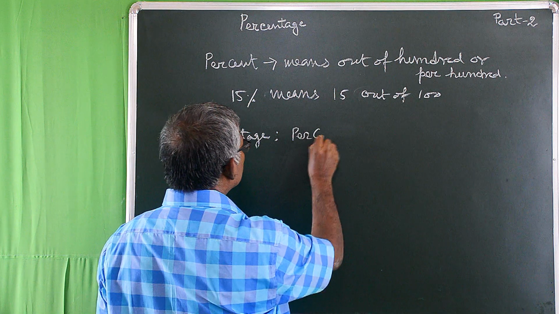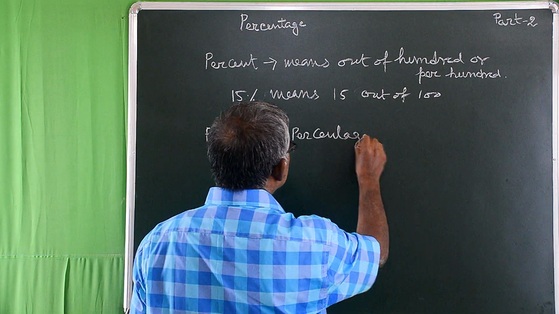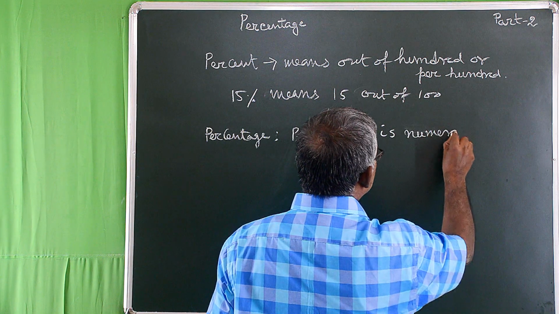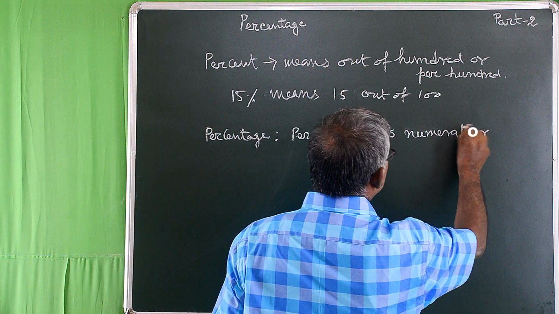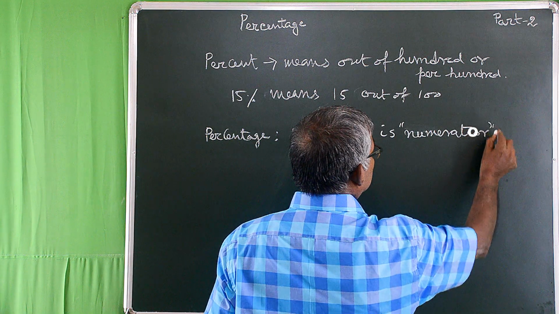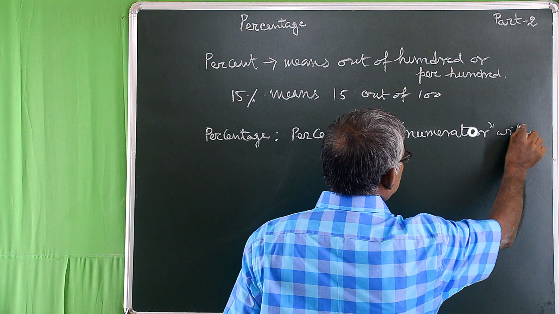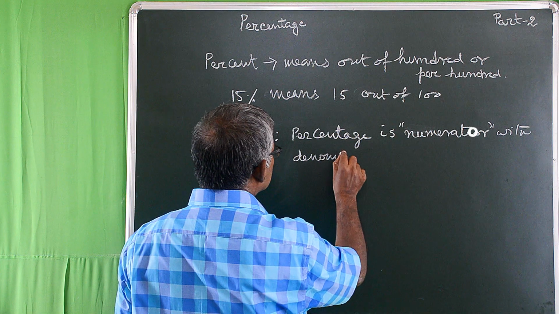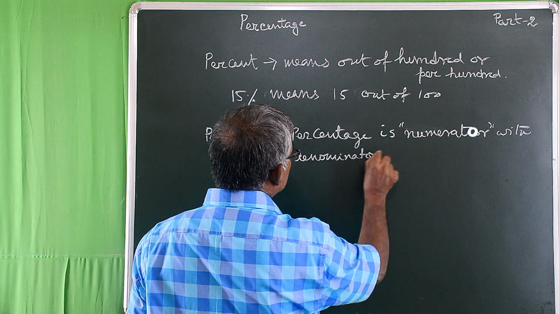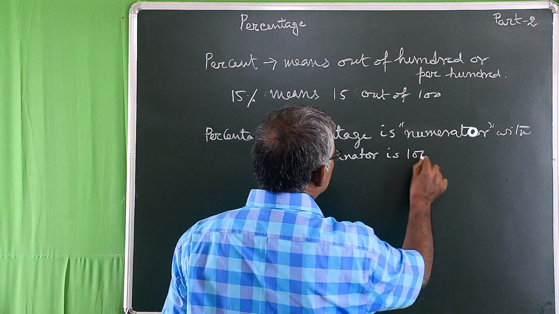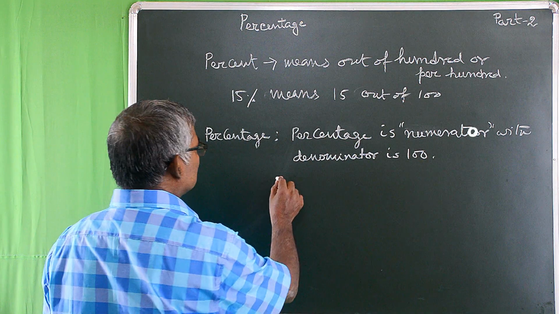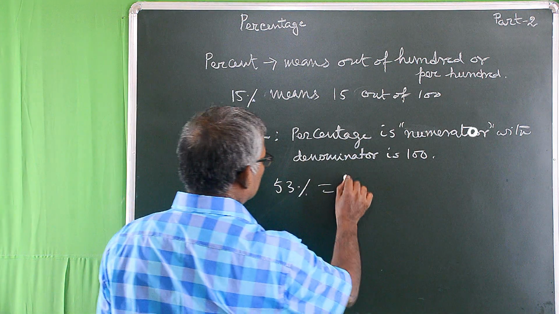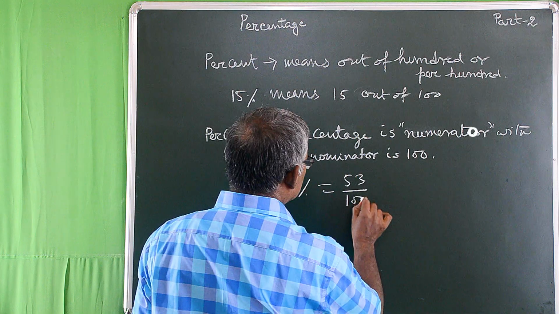Percentage is the numerator with denominator 100. Suppose 53% equals 53 by 100.